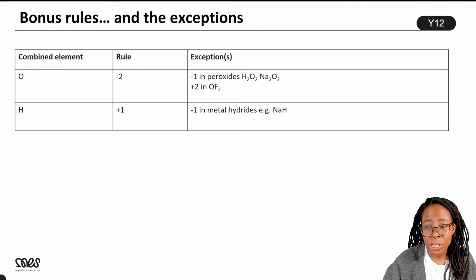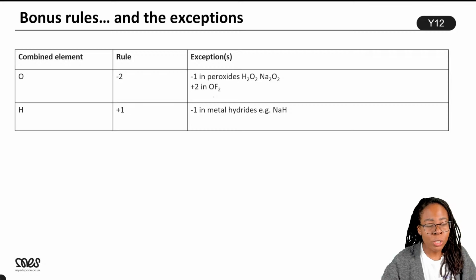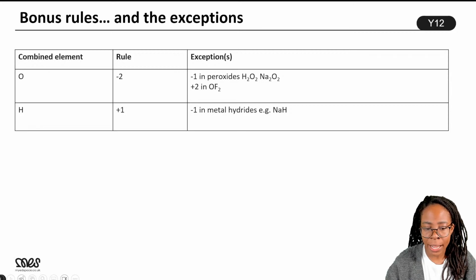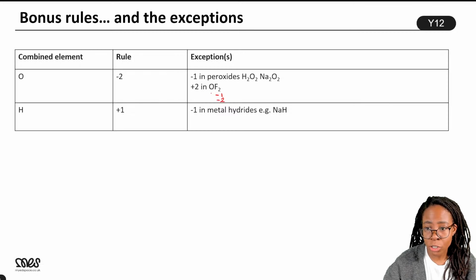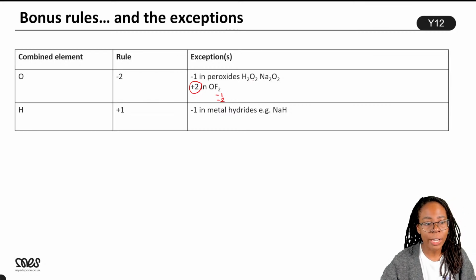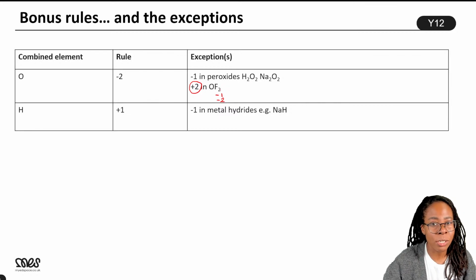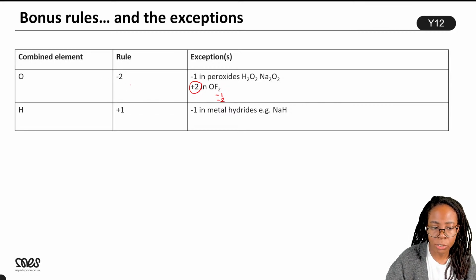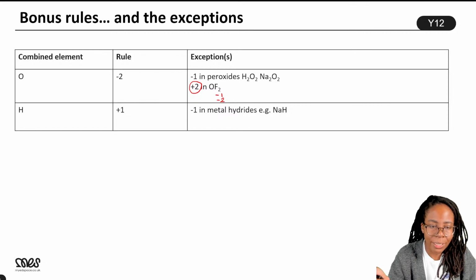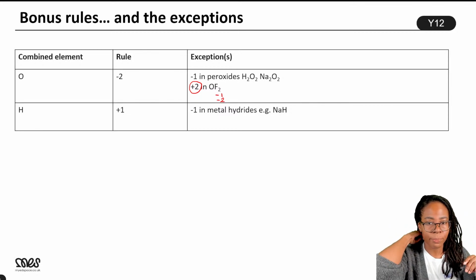And when oxygen is combined with fluorine, because fluorine is the most electronegative element on the periodic table, the fluorine is always going to have its oxidation state of -1. There are 2 of them, so contributing -2, which means that the oxygen must have an oxidation state of +2. So look out for those exceptions for when the oxygen is not going to be -2. And of course, when it's an element, it's going to be 0, but that's the same for everything.